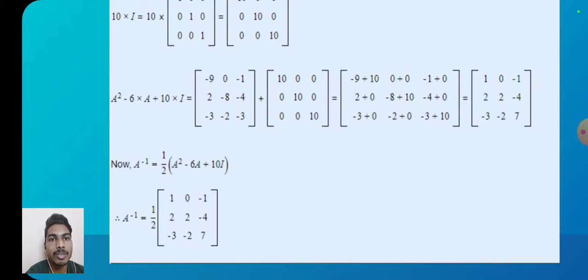So we equate to the A inverse in the equation A⁻¹ = ½(A² - 6A + 10I). After solving, we get A⁻¹ = ½ of [1 0 -1; 2 2 -4; -3 -2 7].